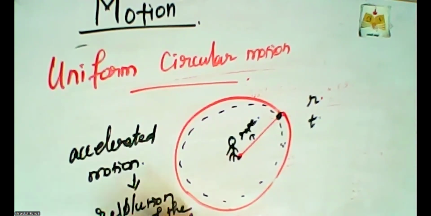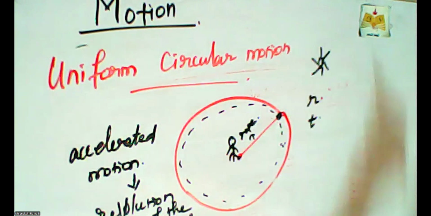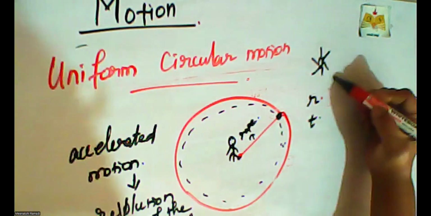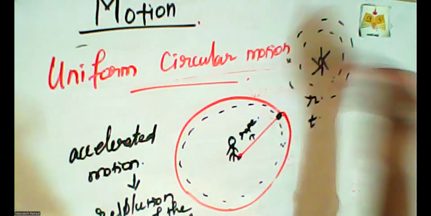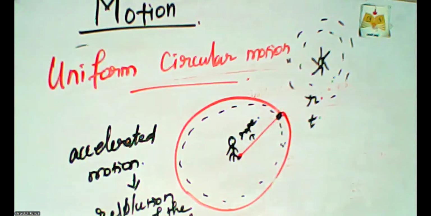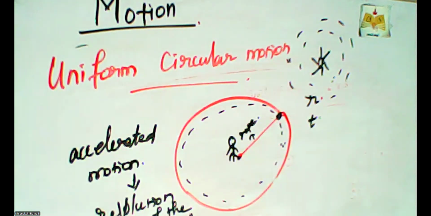The Earth rotates around the sun. In the solar system, yes, this is the sun. All the planets revolve around the sun. Each and every planet revolves around the sun. So this is a good example of accelerated motion.